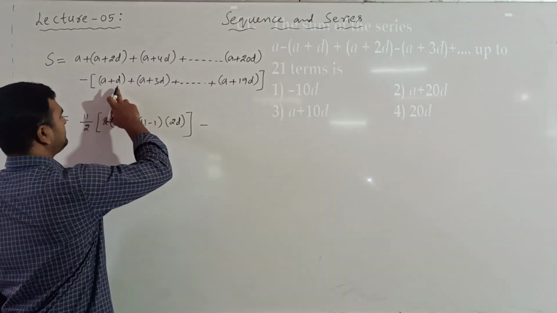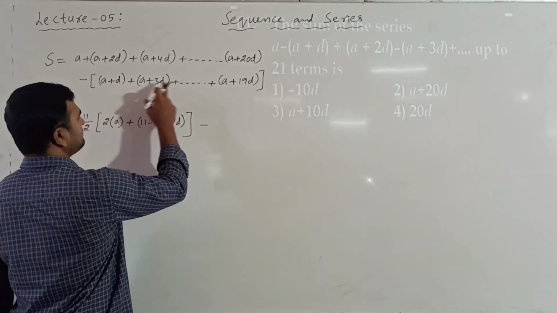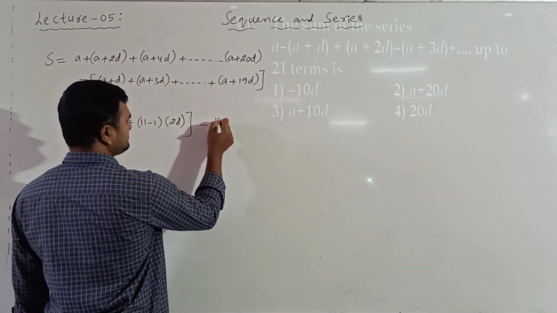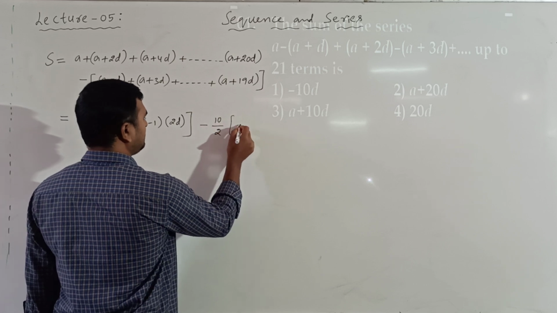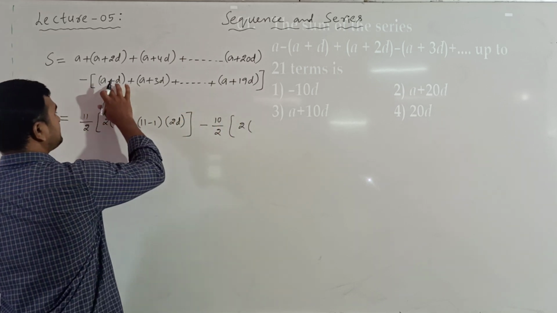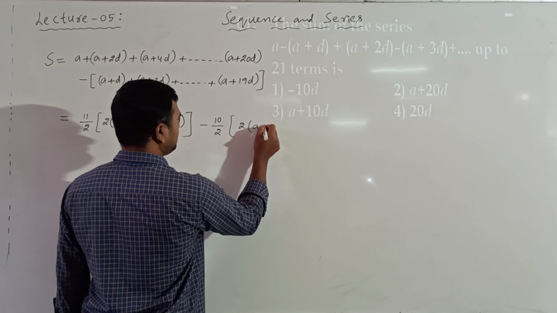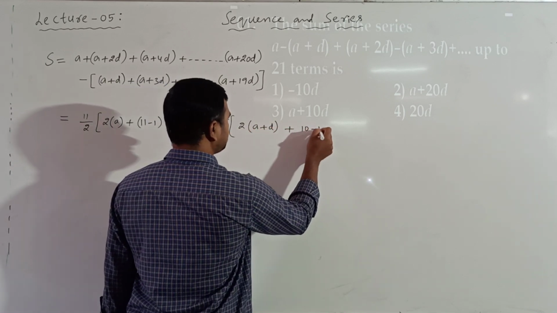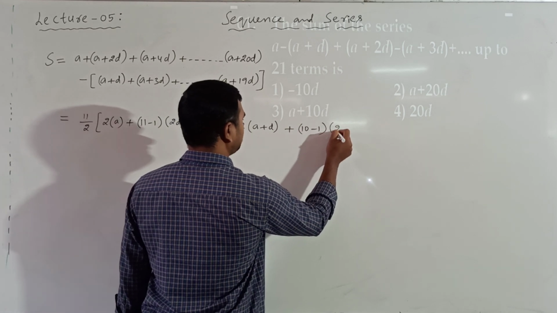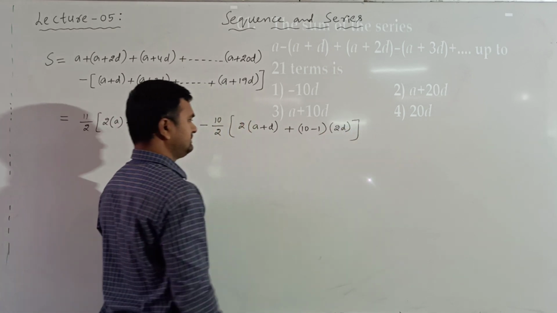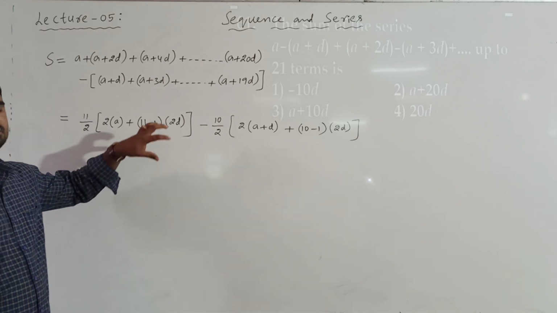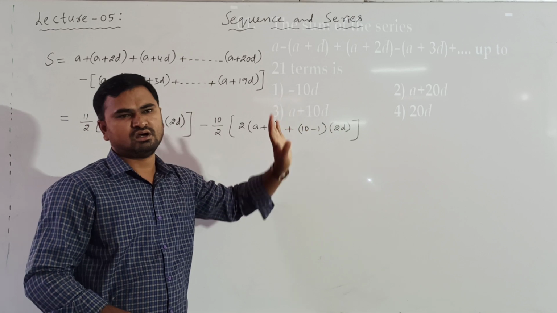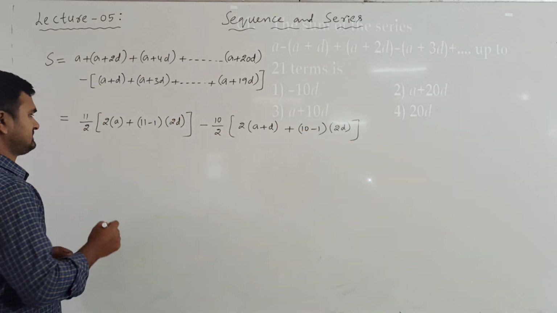The second group is also forming AP with common difference 2d. So here 10 terms we have, 10 by 2 into 2 times the first term, here it is a plus d, plus 10 minus 1 into the difference 2d. So just group the terms, then apply sum of n terms for the two APs.